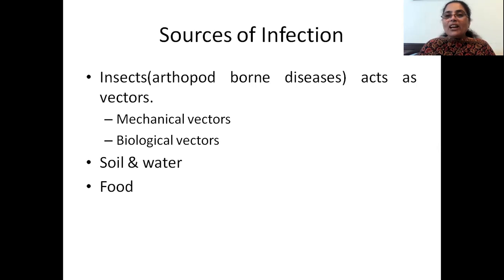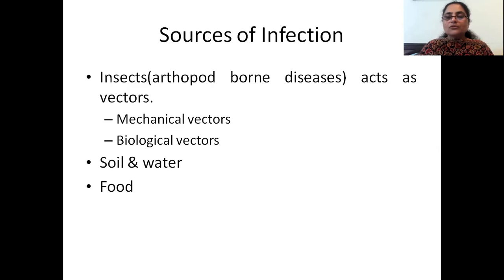Coming to biological vectors, insects can act as biological vectors, like the female mosquito, in which the sexual cycle of Plasmodium happens. So that is a biological vector.